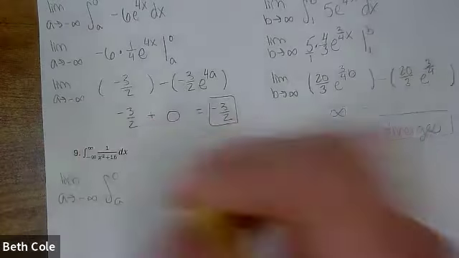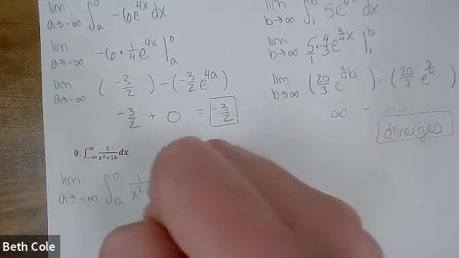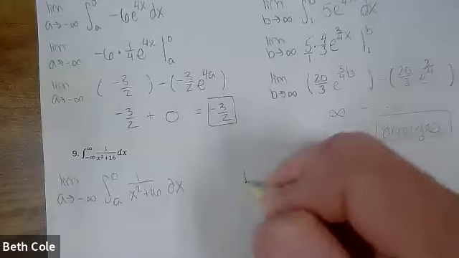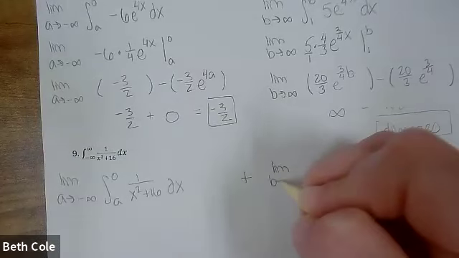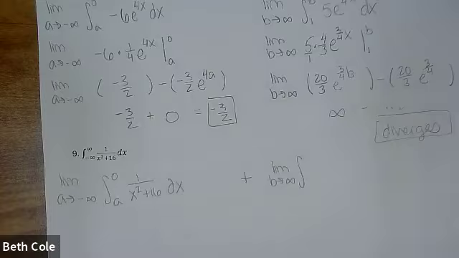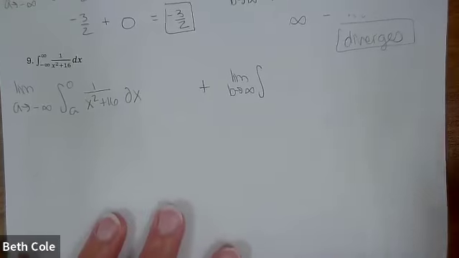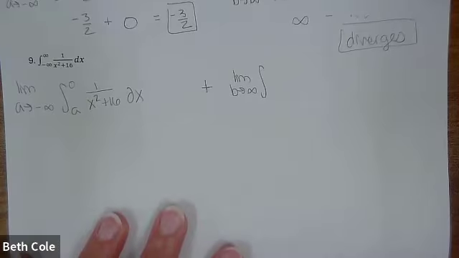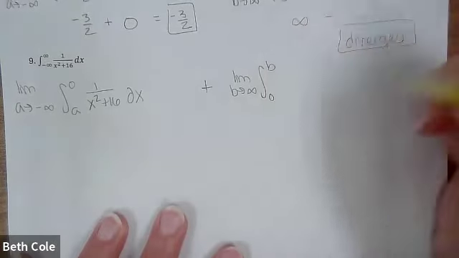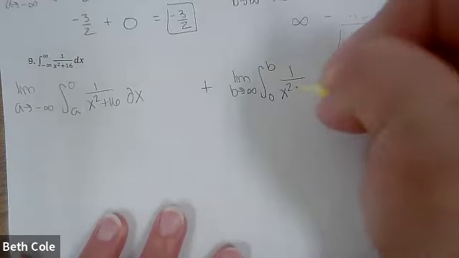So we're going to go a to 0 of this thing, dx, plus limit b goes to infinity. What would the boundaries be on that one? Well, 0 to b, yes, of that exact same thing.